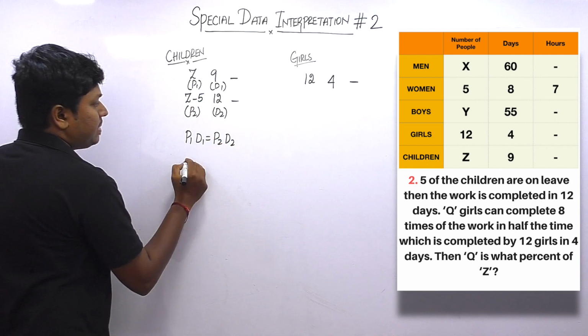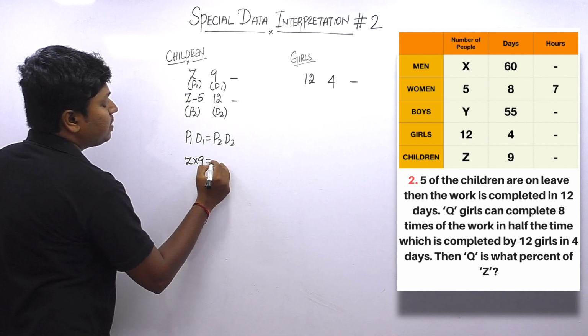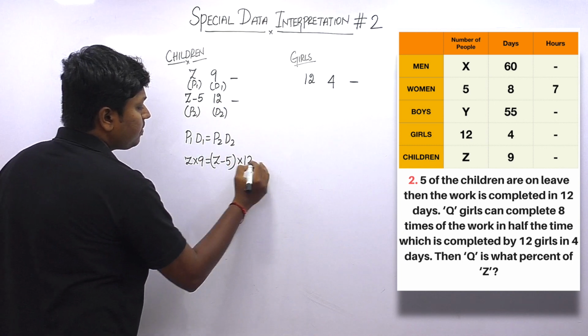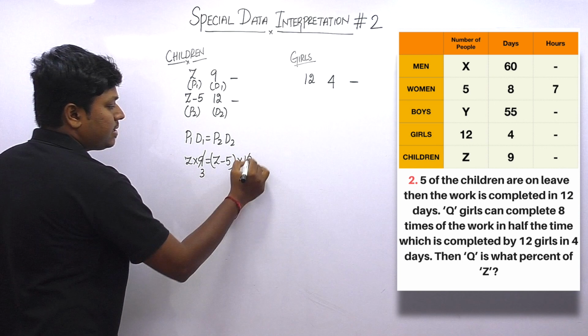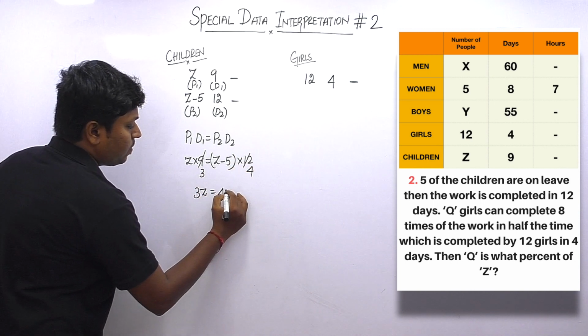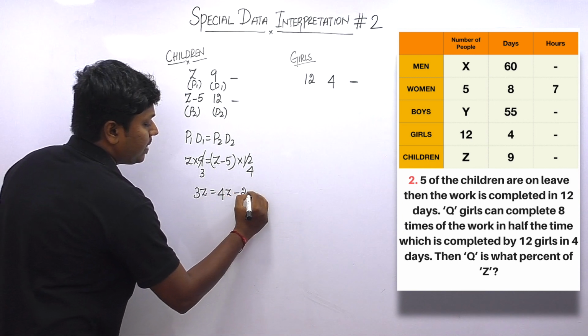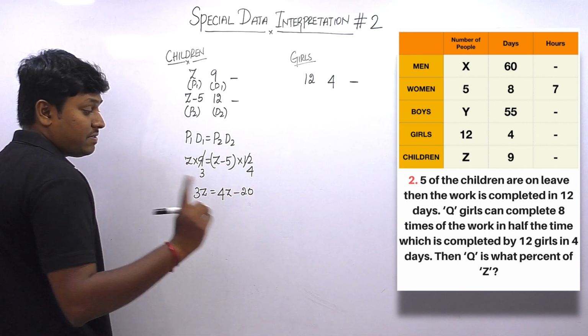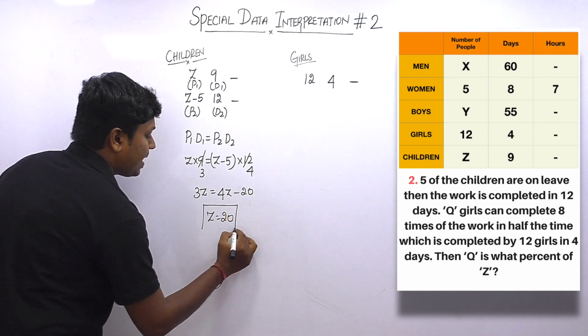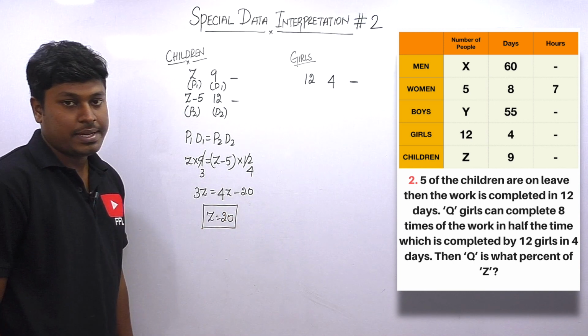So P1 will be Z, D1 will be 9, P2 will be Z minus 5, and D2 will be 12. Now we can cancel this on the 3 table: 3, and 4. So 3Z is equal to 4Z minus 20, as 5 into 4 will be 20. So finally 3Z, 4Z will be Z, so Z is equal to 20. So finally we have calculated the value of Z, which is 20.